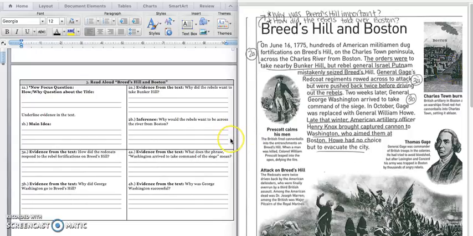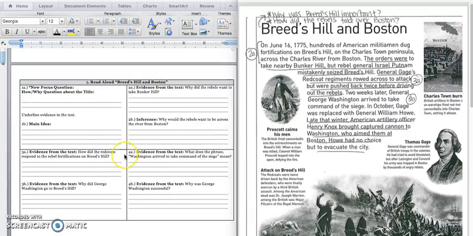So in 2B, we would write, Boston was the largest town under control of the British. The rebels wanted control of the city, and being across the river put them in a good position to drive out the British. Press pause to write down your answer and play when you're ready for 3A.